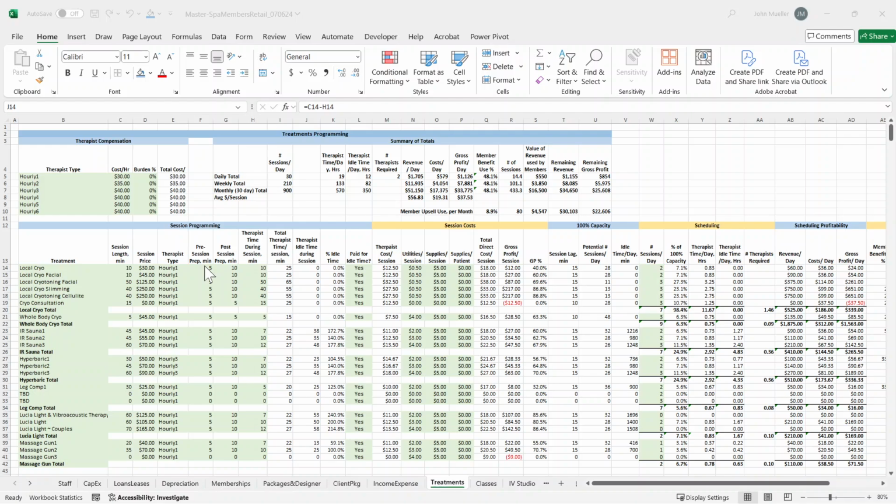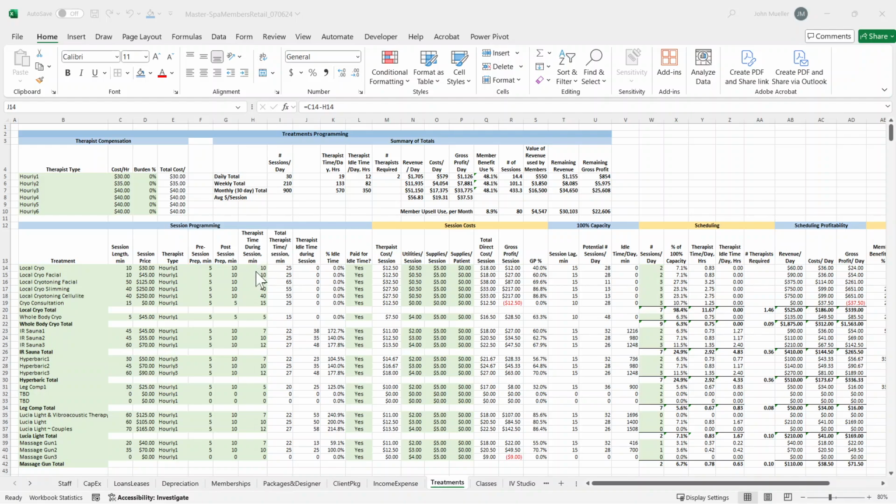And then as far as the session time, this session length is how long the actual service is, but then we have a factor for any prep time before the session, and then any post time that this operator is going to be spending providing that particular service.